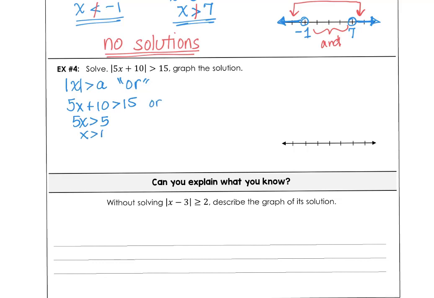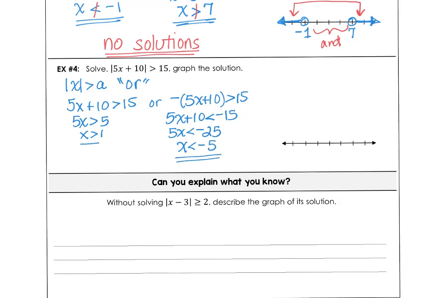Or the opposite of 5x plus 10 is greater than 15. So 5x plus 10 has to be less than -15, and 5x would be less than -25, so x is less than -5. So will these work in our OR statement?